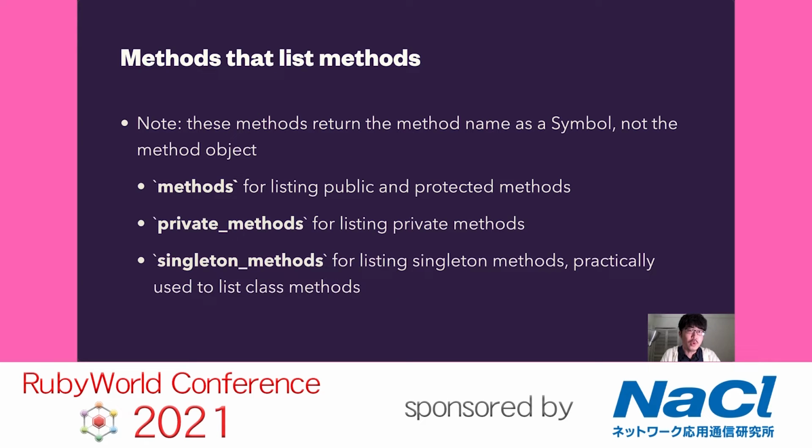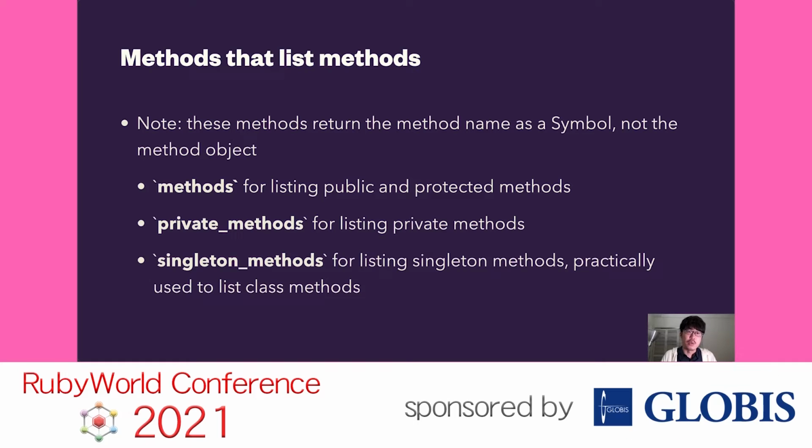And among those, let's focus on the ones we can use to obtain information. First, there are methods that list methods. What you see here in bold with backticks are the actual names of the methods. I have listed three of them: methods, private_methods, and singleton_methods.